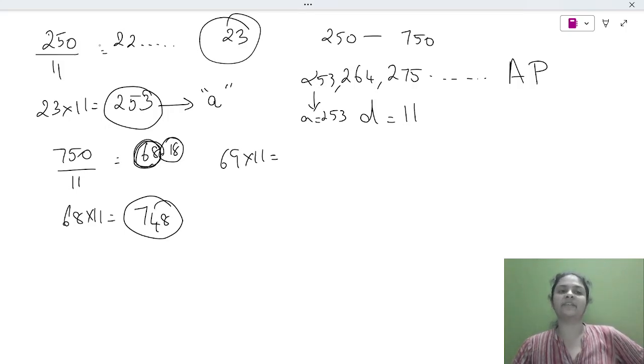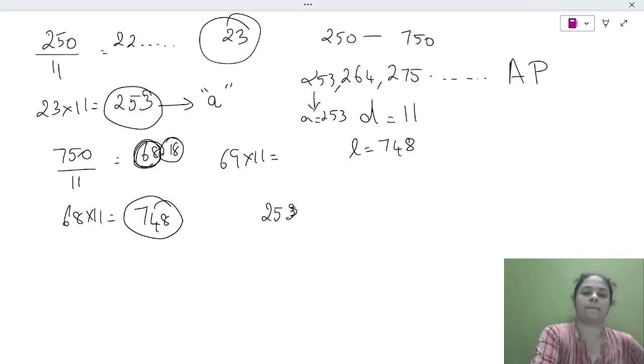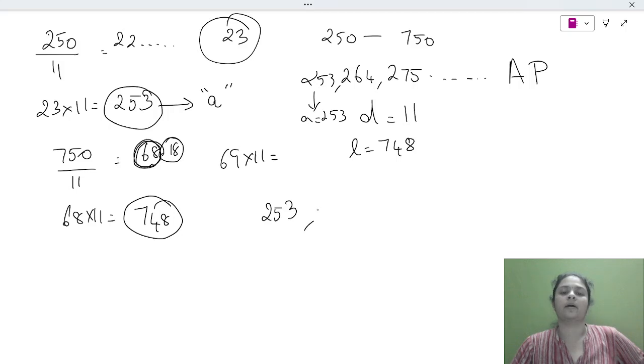So to find the first number, we take the next whole number possible, whereas to find the last number, we take the previous whole number possible. So for the value of L, the answer is 748. Now we get the series as 253, 264, and so on till 748.